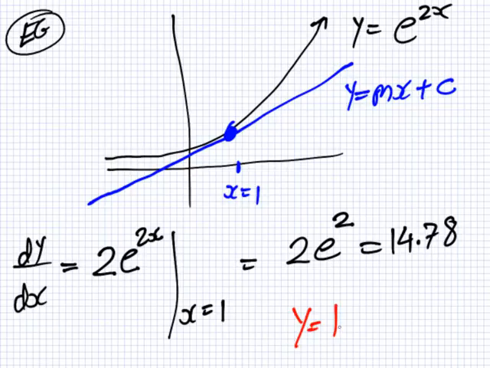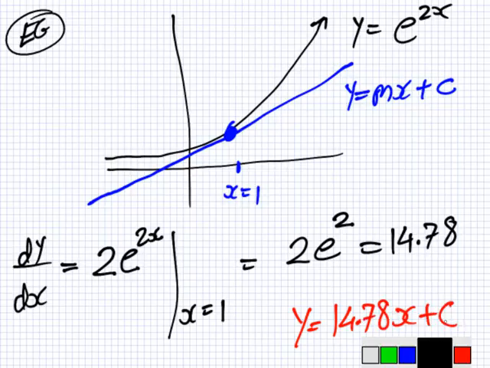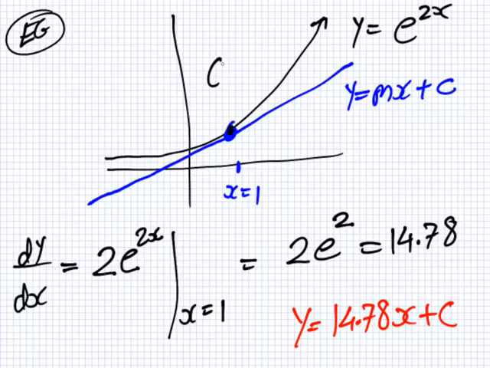y equals mx plus c. How can I find the c? Use a point. What point do I use? Yeah, we know what the x is. The x is 1.